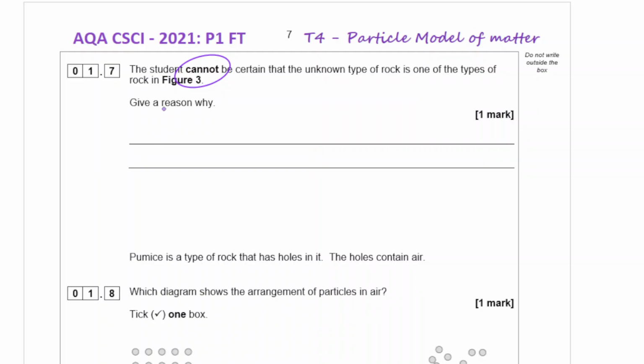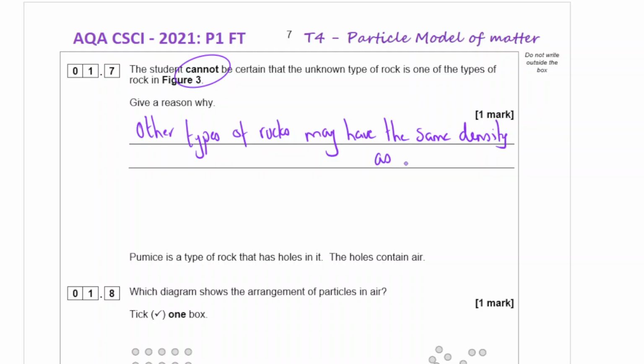Now, based on the information in the graph, we think it's obsidian. But what if there are other types of rock with the same density? So, other types of rocks may have the same density as obsidian.